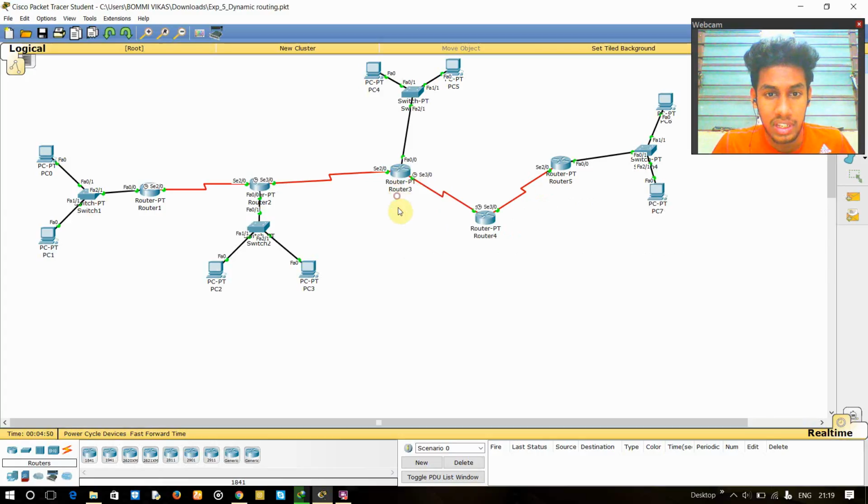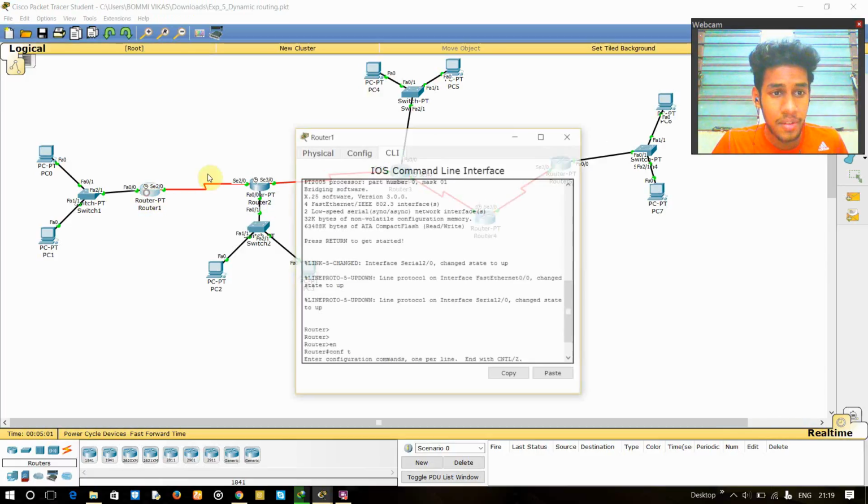Once that's done, the routers share the information between them, telling that this network is present here to my physical connection.